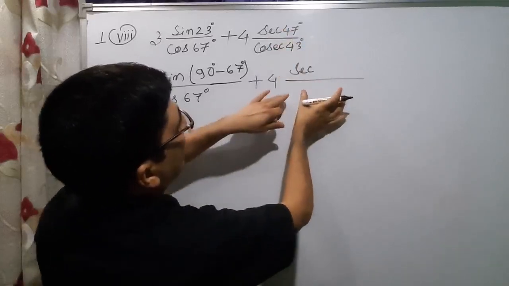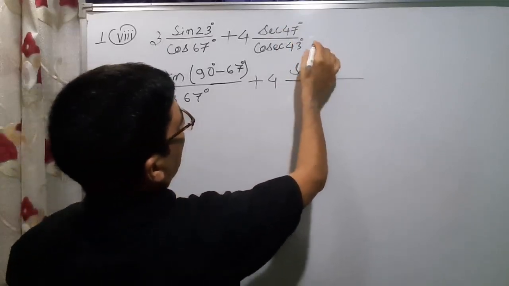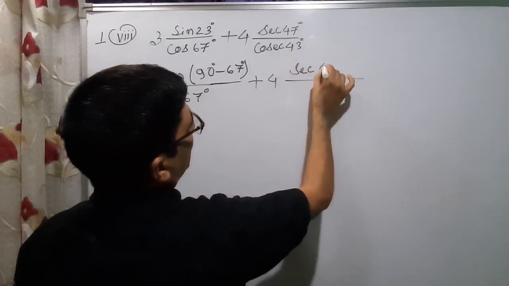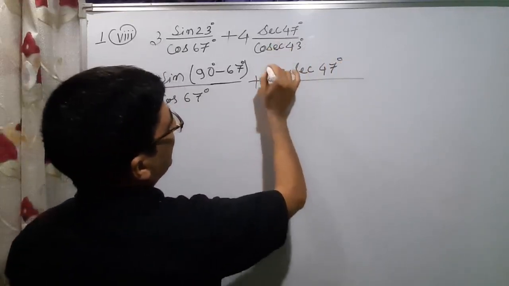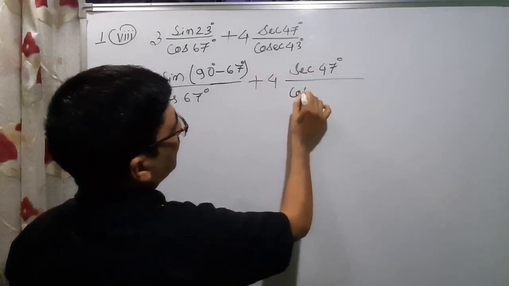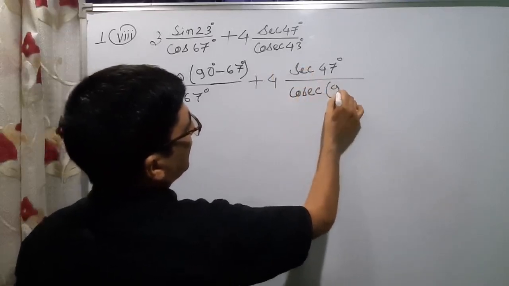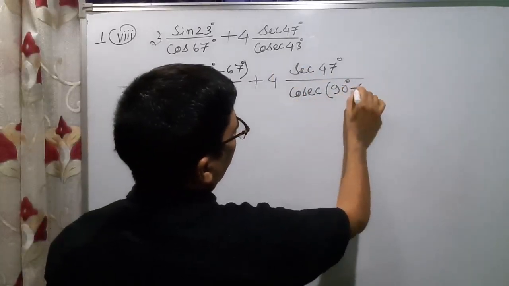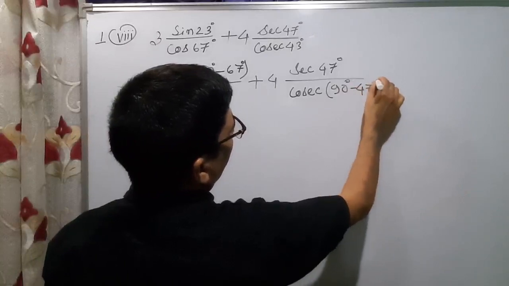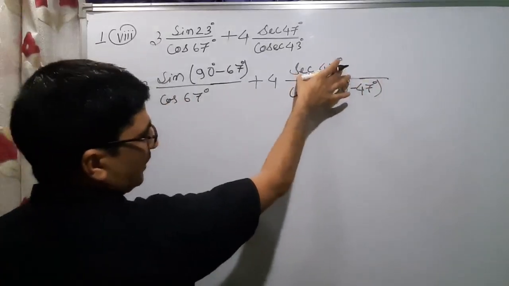Okay, let me change the denominator one. Why not? Suppose this is sec 47, I kept the same, but I will show you by changing the denominator. That is cosec 43, which means 90 minus how much is 43? 90 minus 47 is 43. So cosec of 90 minus 47 degrees is written. Instead of changing the denominator, you can do it for the numerator also, no problem. That is not the issue.